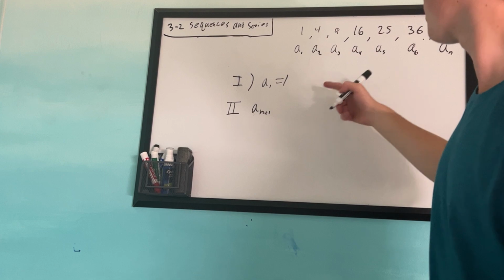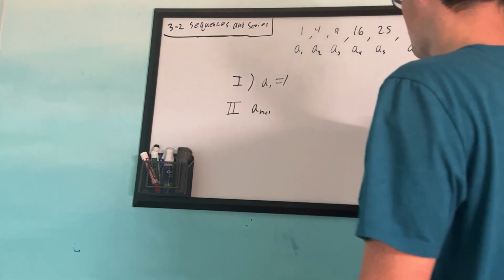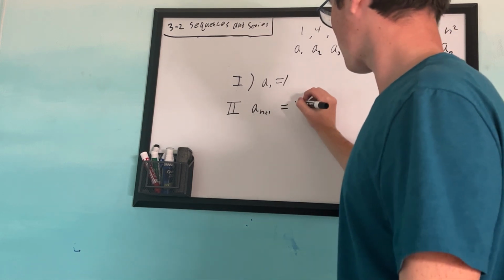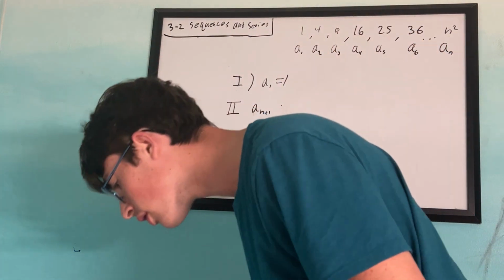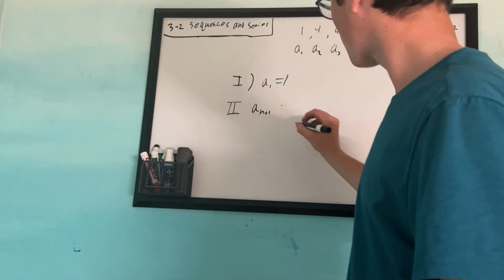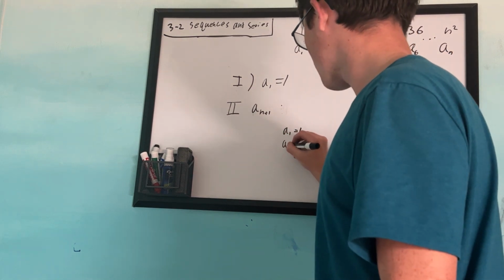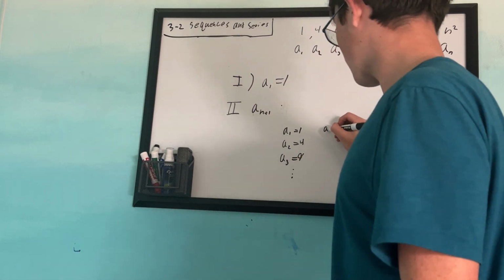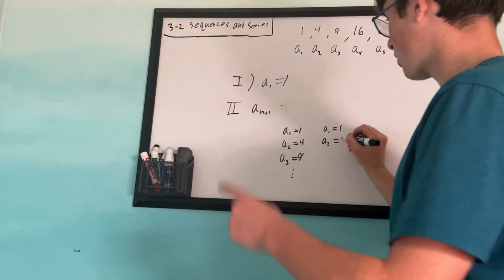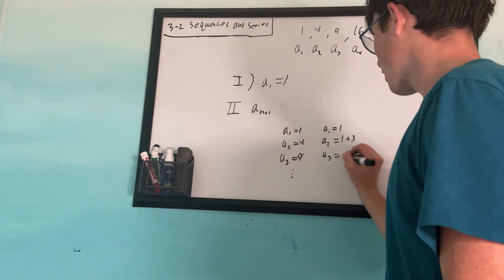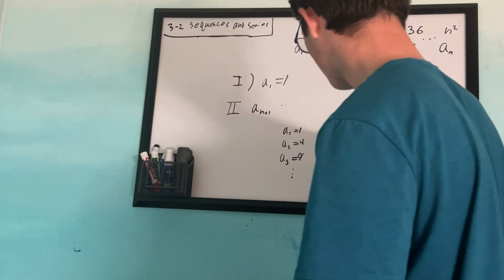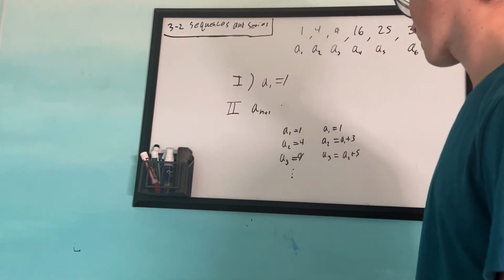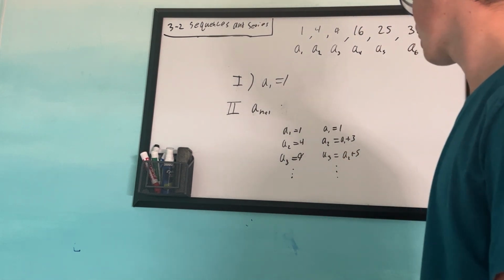A trick for this: if you have a of 1 equals 1, a of 2 equals 4, a of 3 equals 9, and so on, you can write this as a of 1 equals 1, a of 2 equals a of 1 plus 3, since we're doing it recursively, then a of 3 equals a of 2 plus 5, and so on, if you see the pattern.